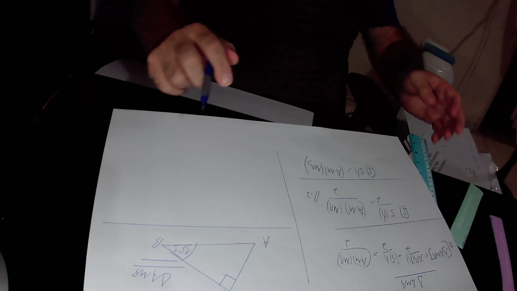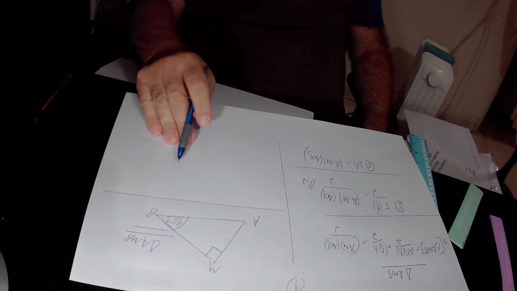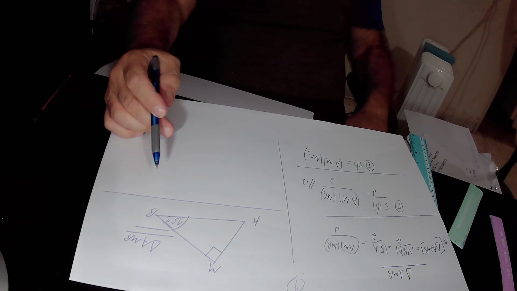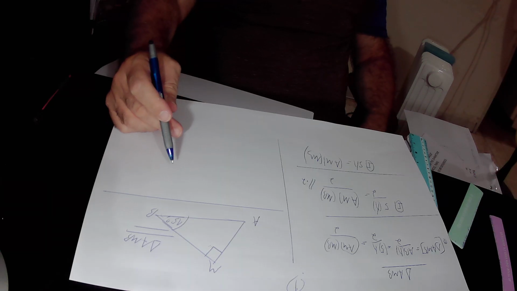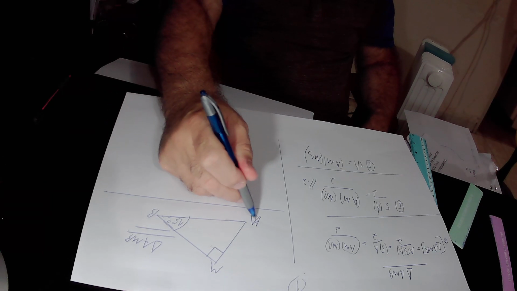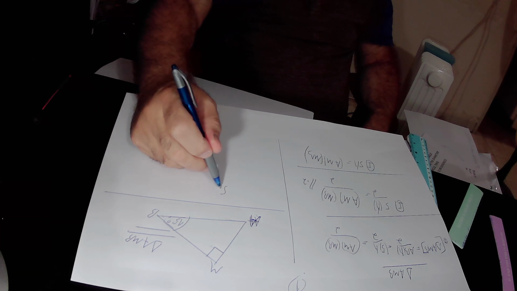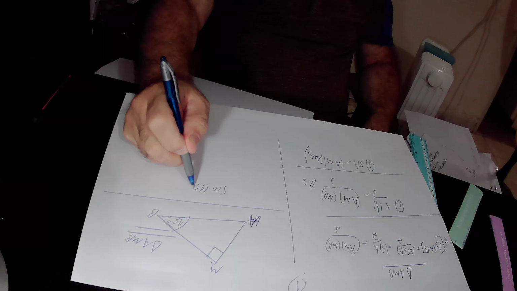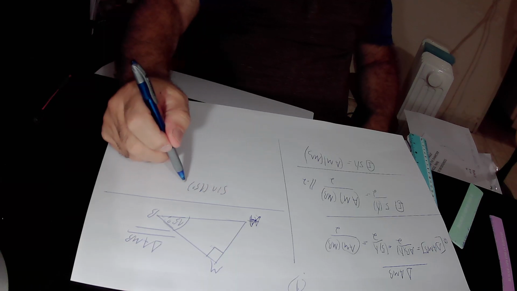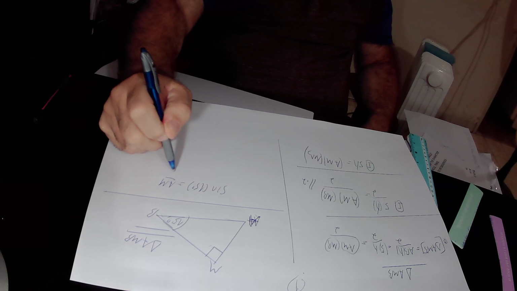So actually, this is triangle AB, which comes from the right triangle AB in the original diagram. In this triangle AB, sine 15 degrees equals AM over AB.